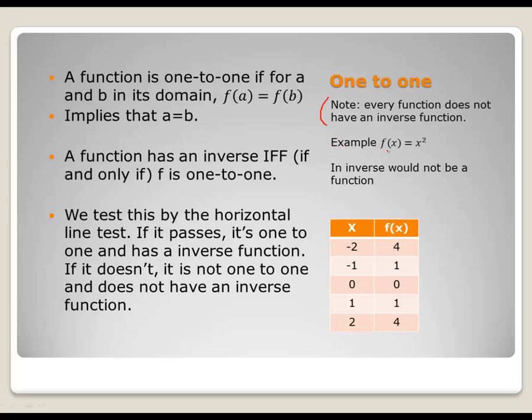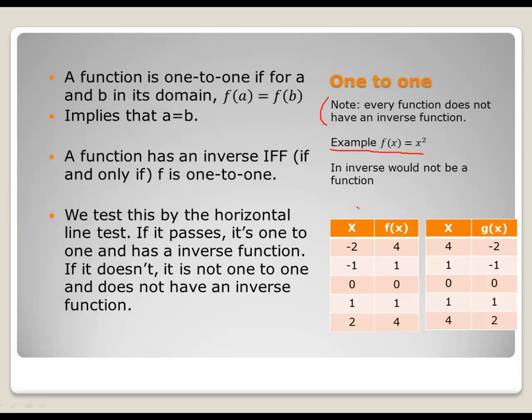So for example, we have f of x equals x squared. The inverse is not a function. So we plug in values for x, like -2, -1, 0, 1, and 2. Our y values, or our f of x, are 4, 1, 0, 1, and 4. Now, if we look at the other table, it flips.